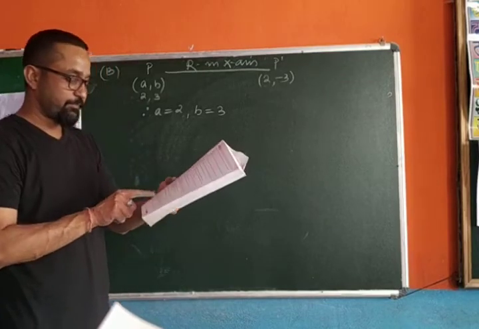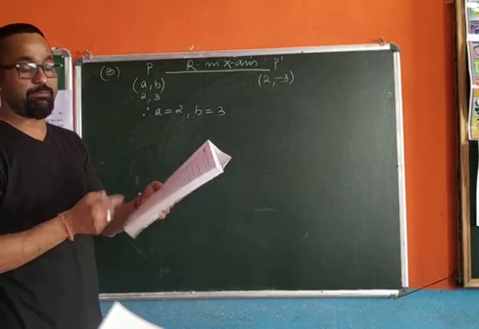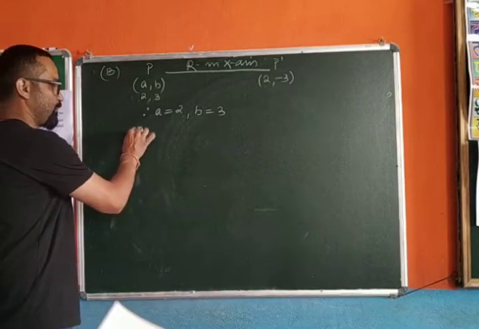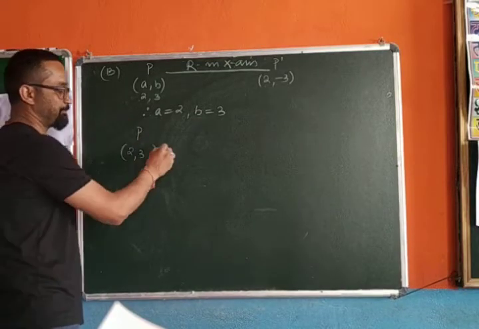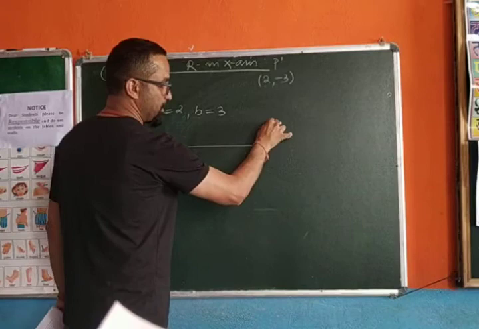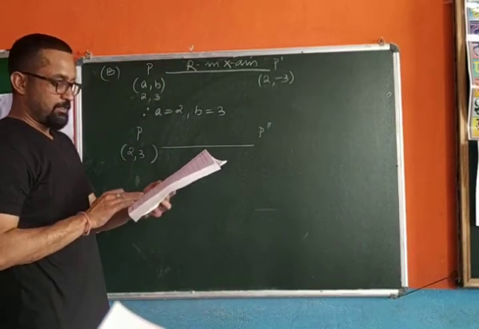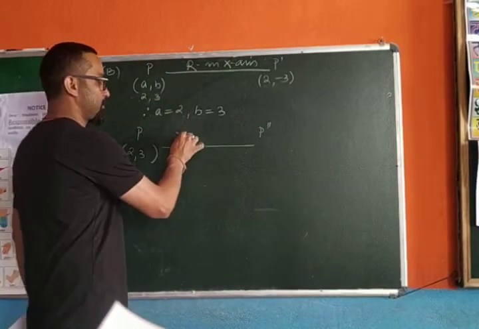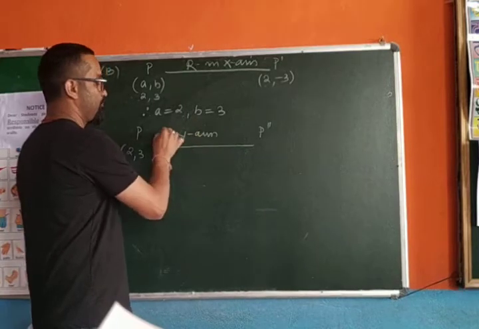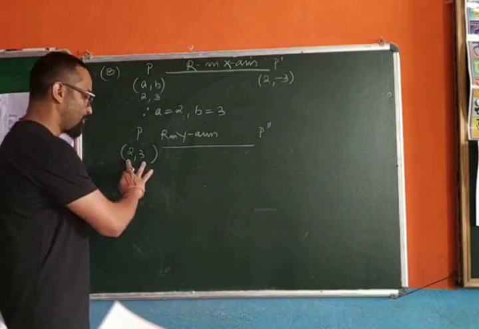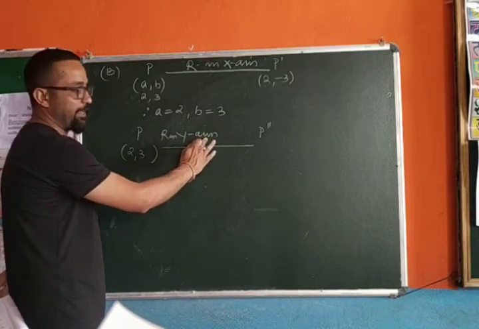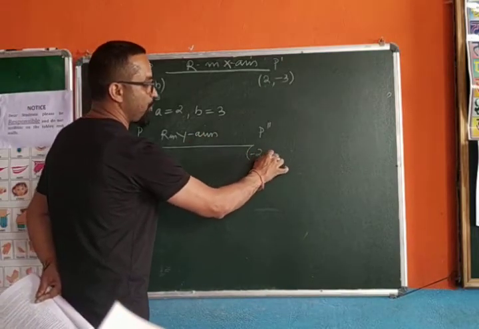Second one, P double dash is the image of P. We write P, we know the value 2, 3. P double dash is reflected in the y-axis. Reflection in the y-axis: you know the coordinate of P after reflection, it is minus 2, 3.